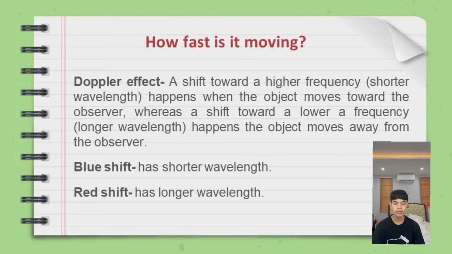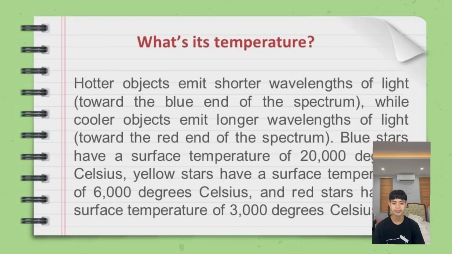Therefore, a light source moving toward an observer exhibits blue shift, whereas a light source moving away from an observer exhibits a red shift.